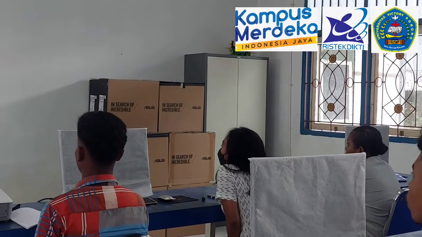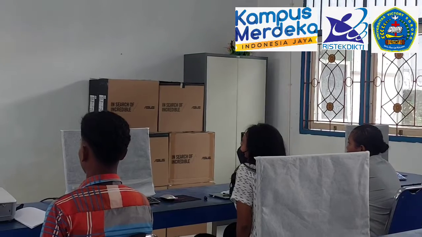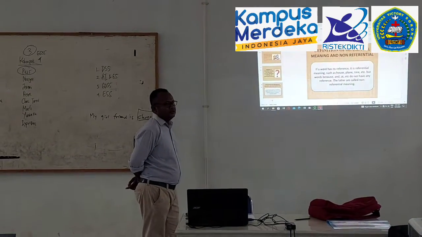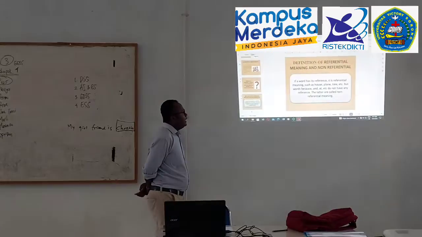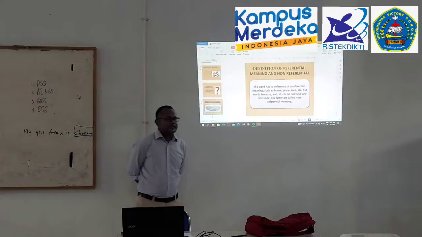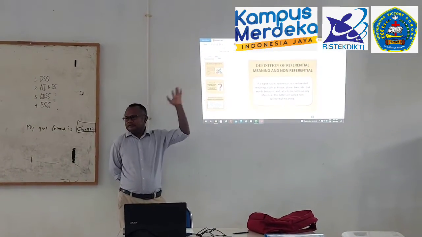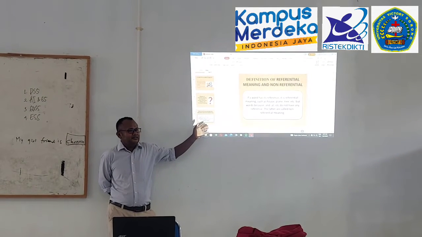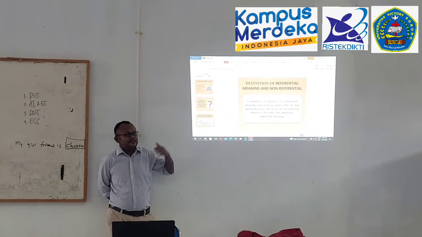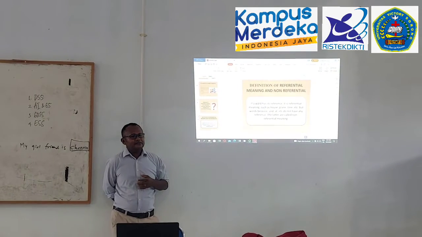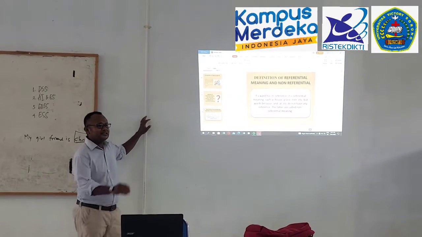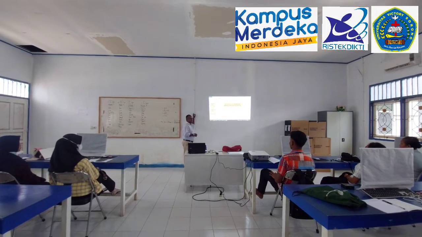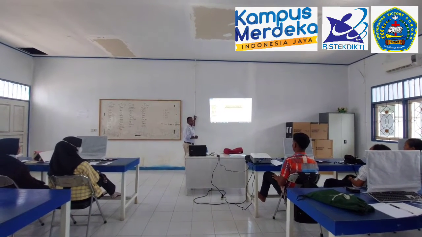The latter are called non-referential. Okay, do you get the point of this definition? Before we come to the examples of referential meaning and non-referential meaning, do you get the point? Do you understand the definition? If you understand, say to me that yes, sir, we understand, or I understand. If you don't understand, ask me. First, before coming to the next slide, example.